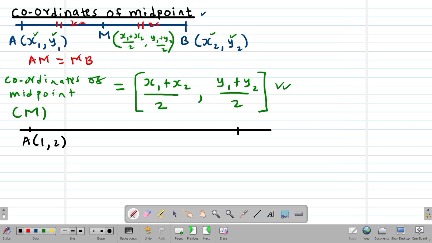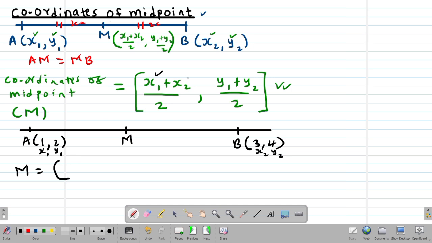Then another point B has the coordinates, let's say, (3, 4). Then we let M be the midpoint of this line. So the coordinates of M will be given by the following. This one will be our x1, then this will be y1. Of course, this will be our x2, then this will be y2.